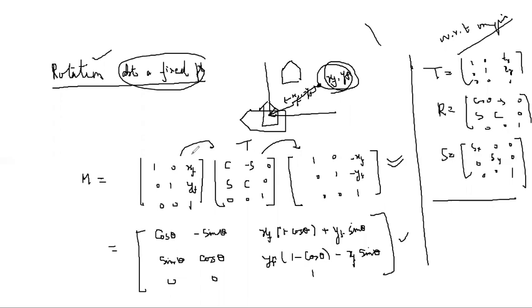If multiple transformations are given to you and you are asked to do them about a fixed point, for example, an object is given with certain points P, Q, R, S, T, and transformations are applied on it.